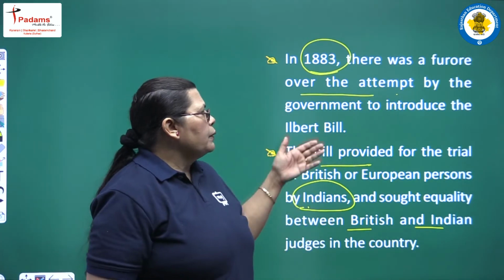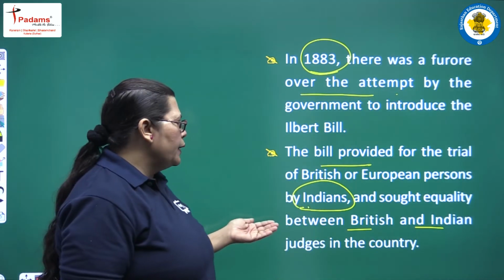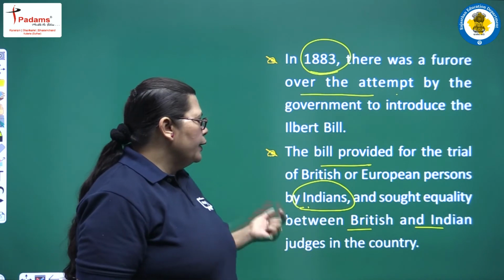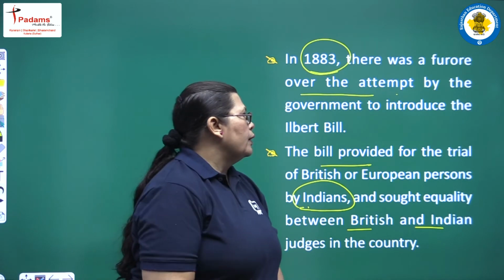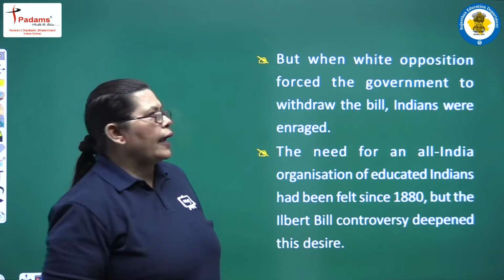This Albert Bill was passed for the purpose of the judges. Maybe they belonged to the British, maybe they belonged to the Indian formation. So this was the new bill introduced by the government at that time.